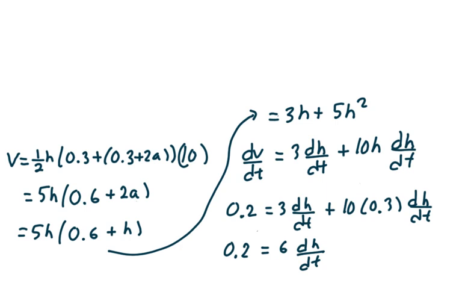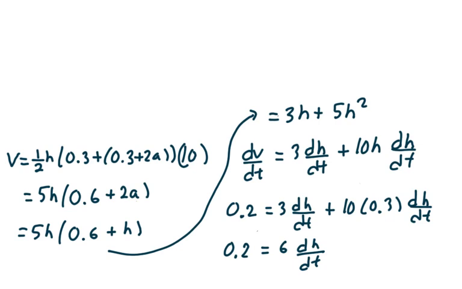Now, we need to know a relationship. Incidentally, the volume of this water trough is the following. I'm taking the area of that trapezoid and then I'm multiplying by the depth, which is 10 meters. So in other words, I'm going to take 1/2 the height times the sum of the bases.